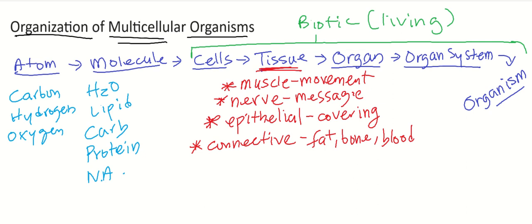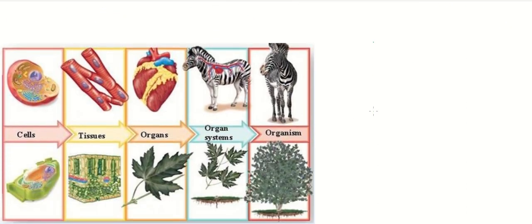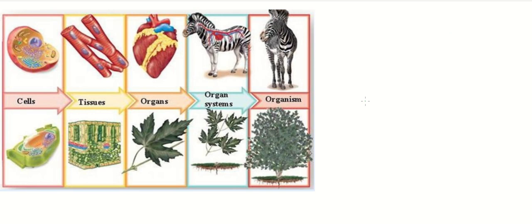All right, so I have a screenshot here of two very common examples of this organization. All right, this is in our presentation. So here's an illustration of cells, just a generic cell making up, this looks like a muscle tissue, and muscle tissue making up your heart, which is an organ, and the organ system here, the cardiovascular system, and then all the systems together make up your zebra, the organism here in this example.